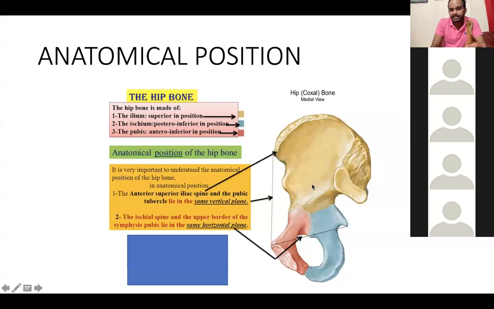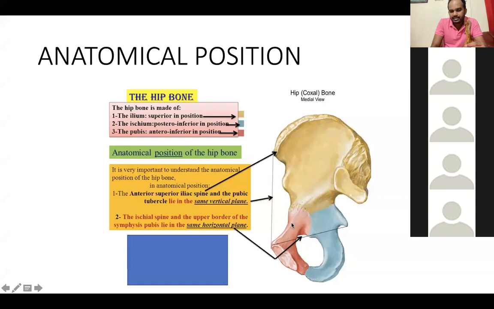In this diagram also you can see it very clearly. This entire part is the ilium. This blue colored part is the ischium, and the ischium has posteriorly a spine, which is called the ischial spine. If you draw a line from the ischial spine to the pubic symphysis, they should lie in the same horizontal plane.